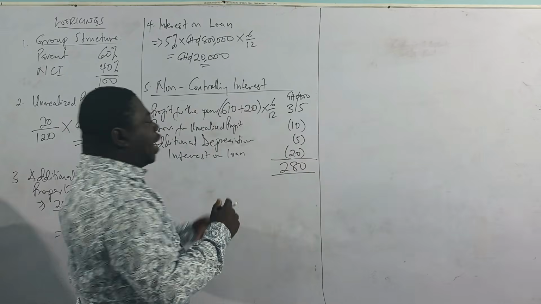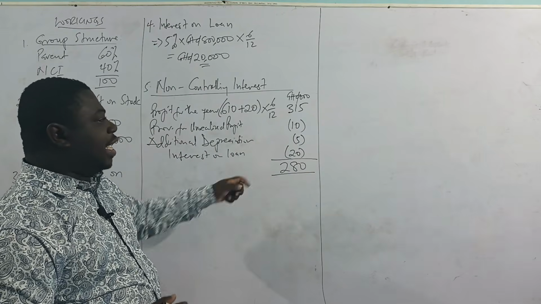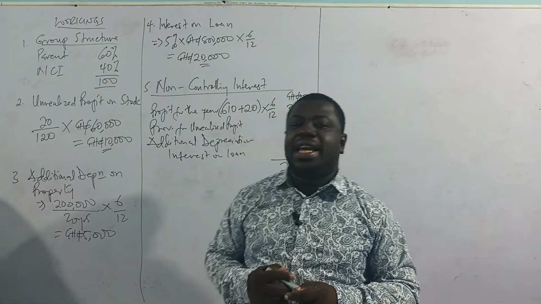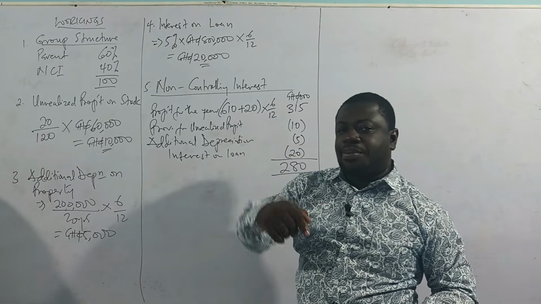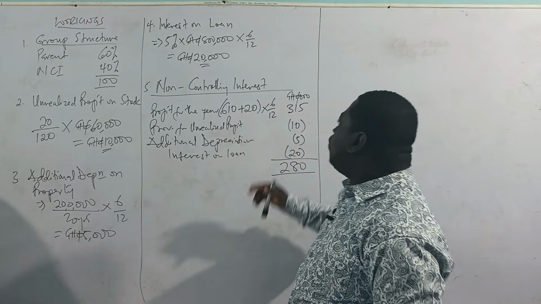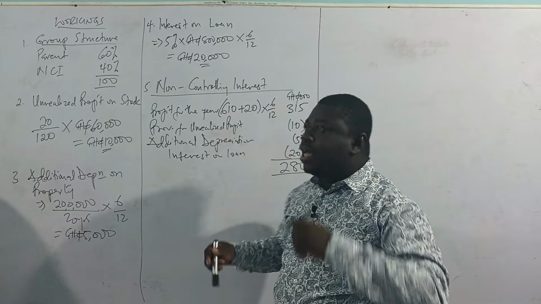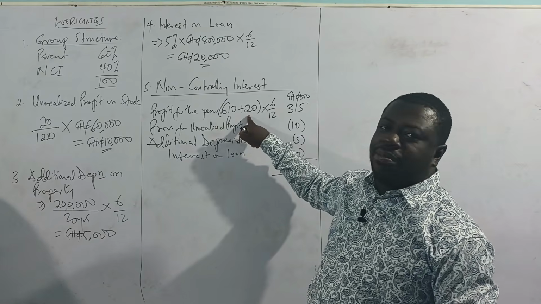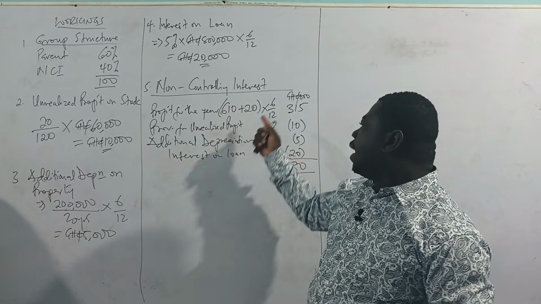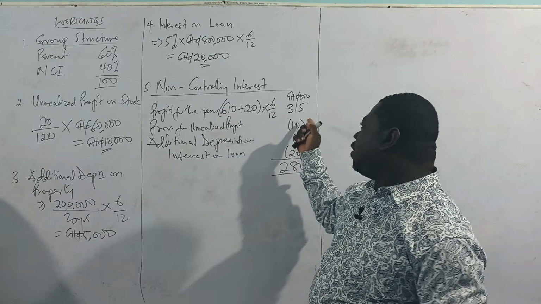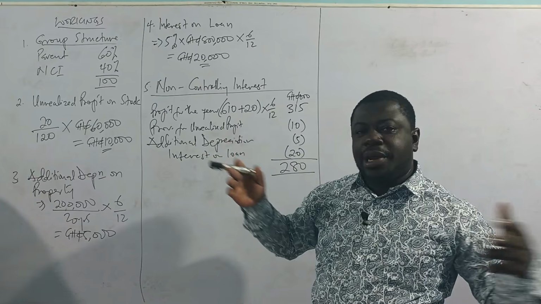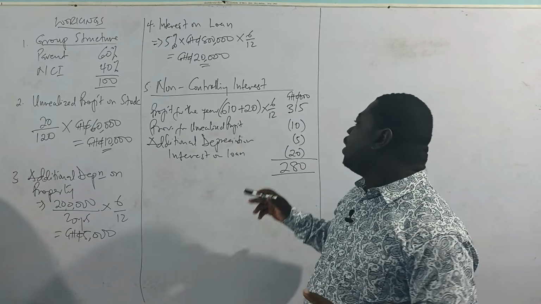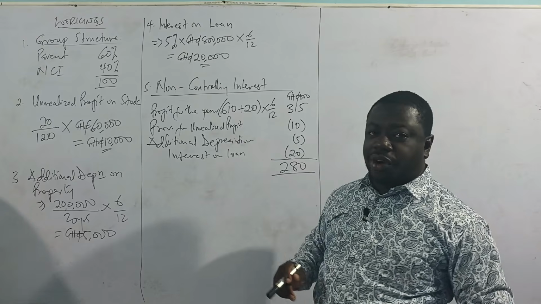So what I have done is that we want to look at the non-controlling interest share in the profit of the subsidiary, but we need to first of all adjust the profit. The first thing we did was that we added back the finance cost, and then we used the time apportionment 6 over 12. So this is actually the profit that accrued in the 6 months period. But then we need to take out unrealized profit.